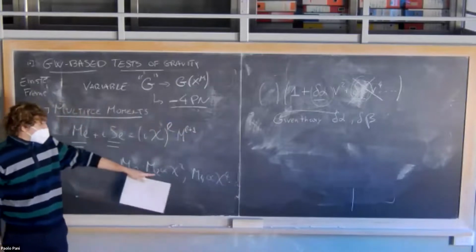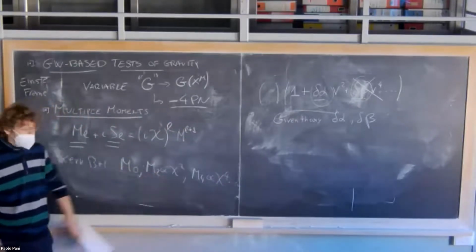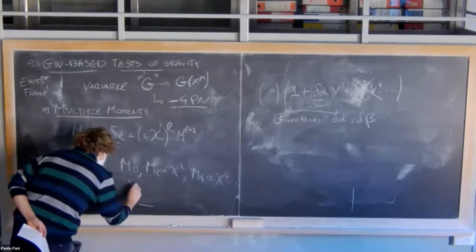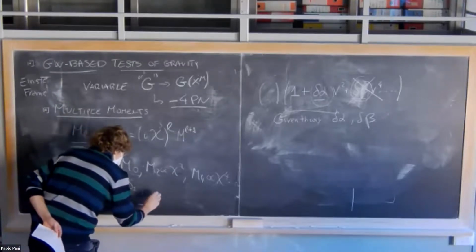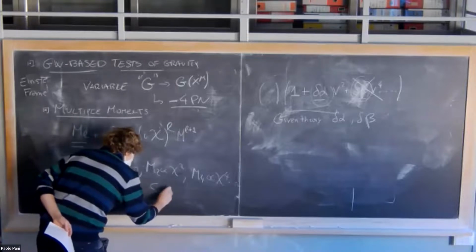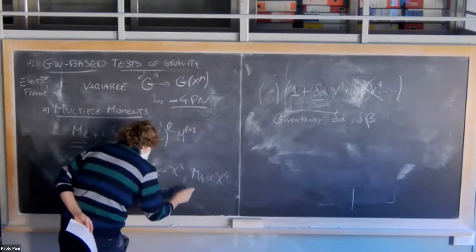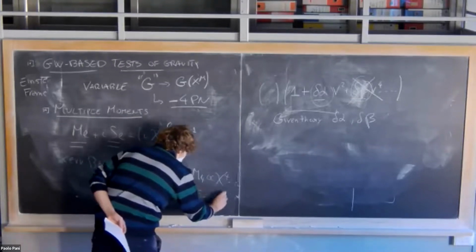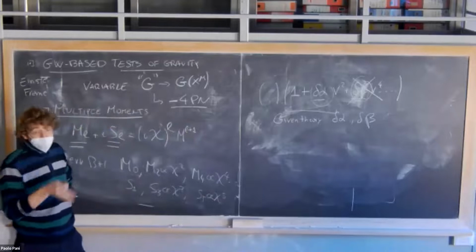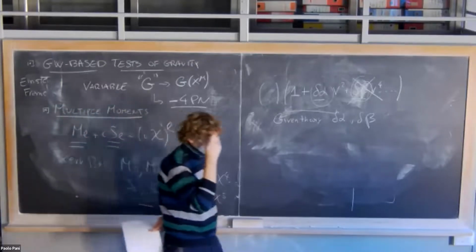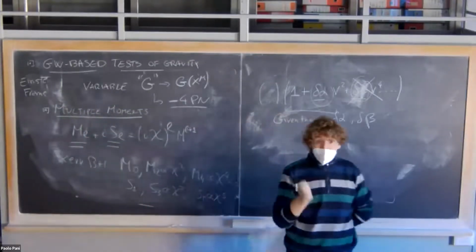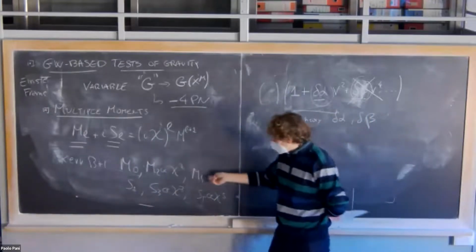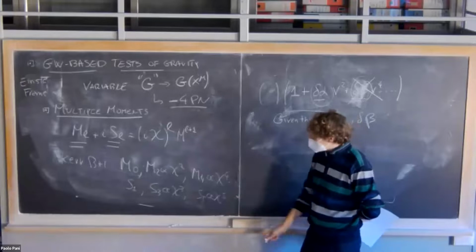We only have even powers of the multipole. For the current moment, we have S1, which is the spin. Then we have S3 proportional to chi cubed. We don't have S4, we have S5 proportional to chi to the 5, etc. So there is a very specific way the multipole moments enter the Kerr solution, and they are all spin induced in the sense that they are proportional to powers of chi.